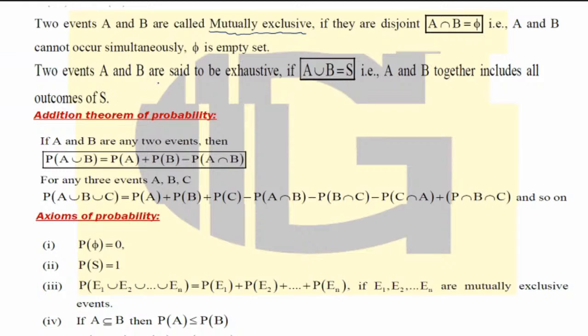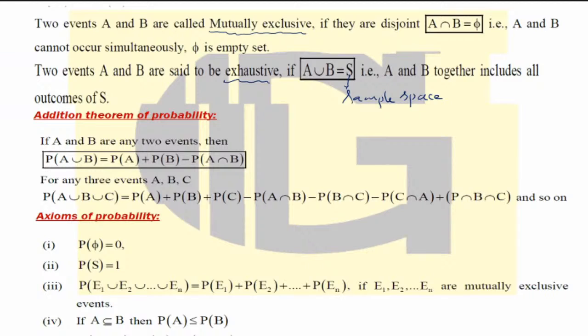Similarly, two events A and B are said to be exhaustive if the union of the two events is S. S stands for sample space. In verbal language, A and B together include all outcomes of S. That means the total sample space is distributed into two sets A and B, either equally or partially.